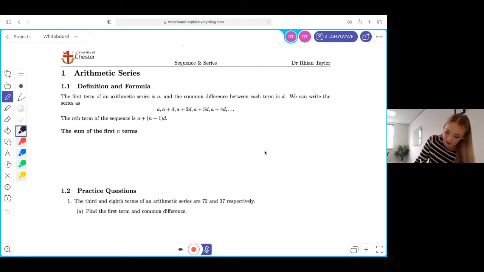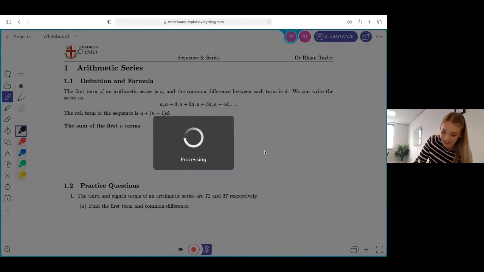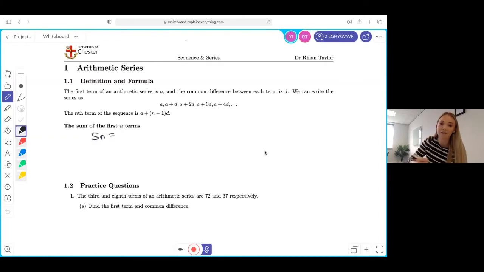So if we want the sum of the first n terms, we'll go for Sn. So I'll go for the first term and then add each term up after that, and we want to make a nice formula for this. So we've got a plus d will be our second term, a plus 2d will be our third term, and then I'll put some dots in between.